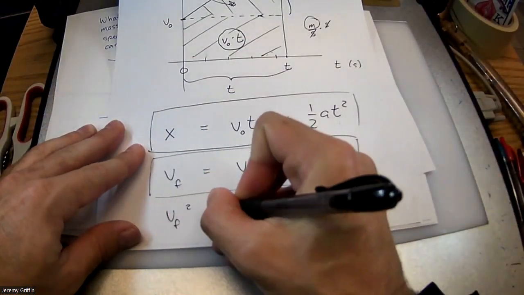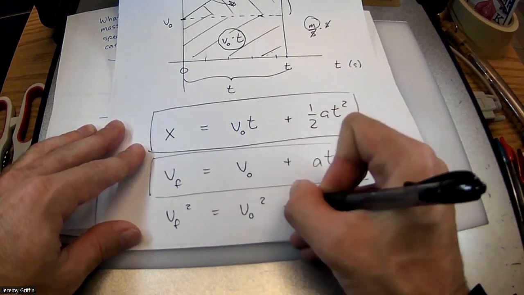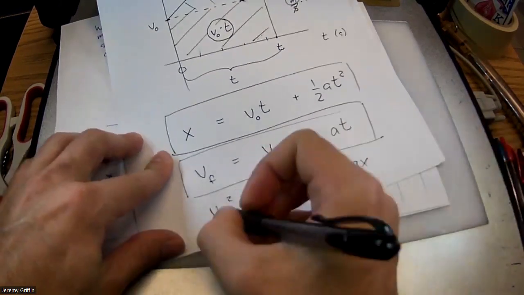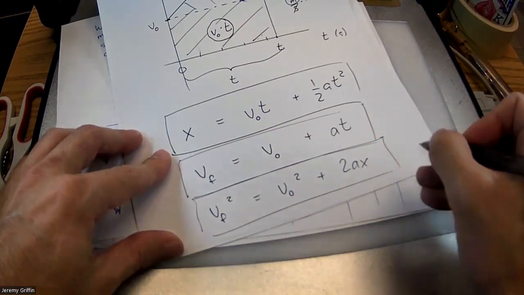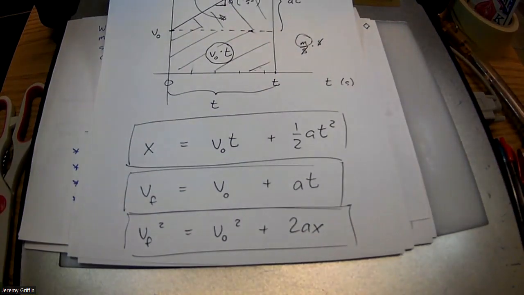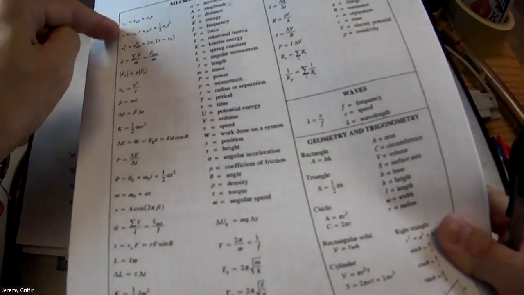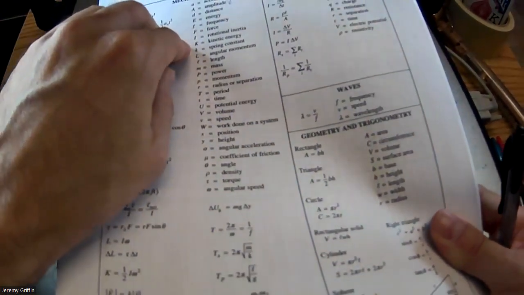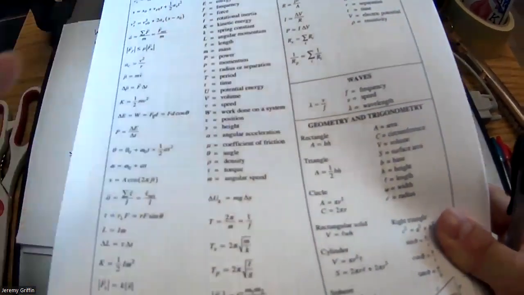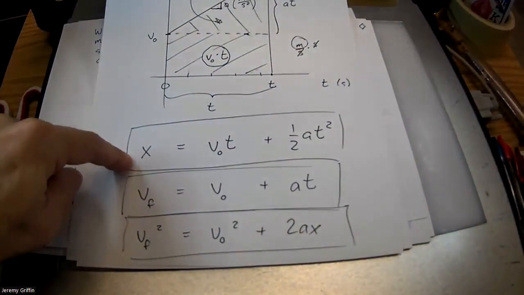It turns out the final velocity squared equals the initial velocity squared plus 2ax. On the AP exam, you're allowed to use the AP equations, which is this page right here. You're allowed to reference it. The top two equations are the ones I've been going over. The AP writes them slightly differently. AP writes x in terms of location, while I've been writing x in terms of displacement.